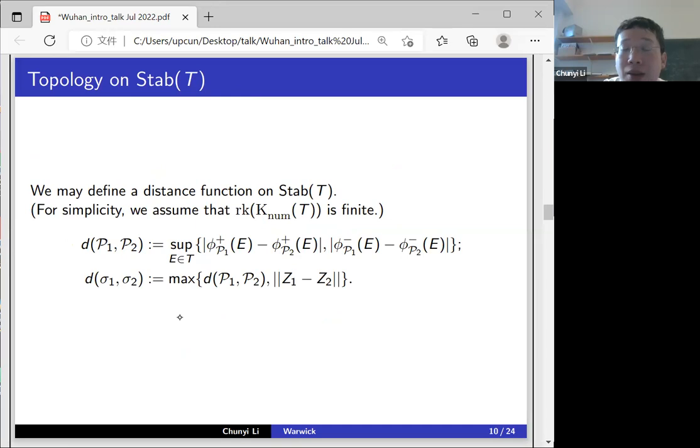Also, we can define a topology on the whole space of stability conditions.